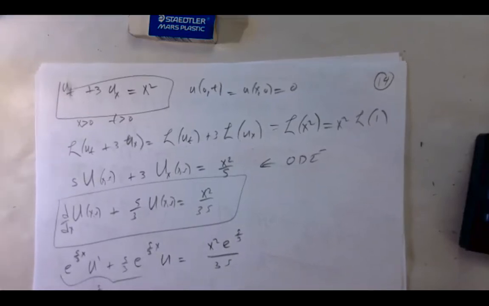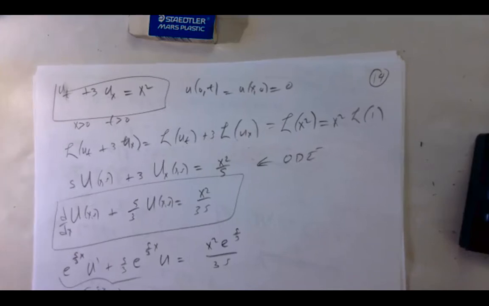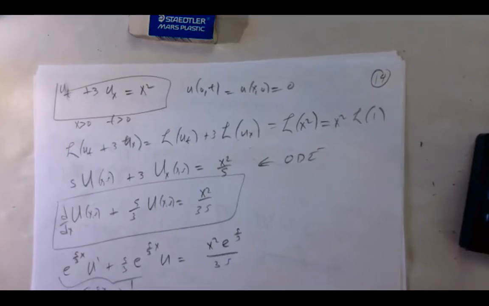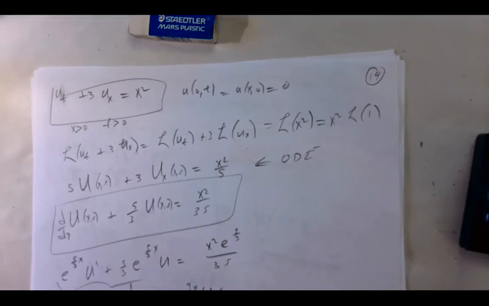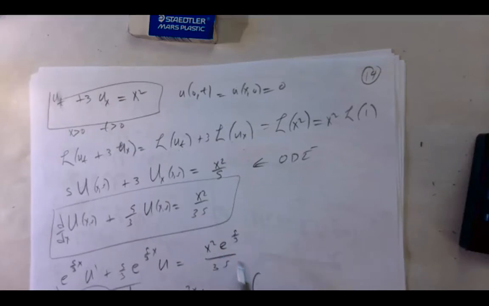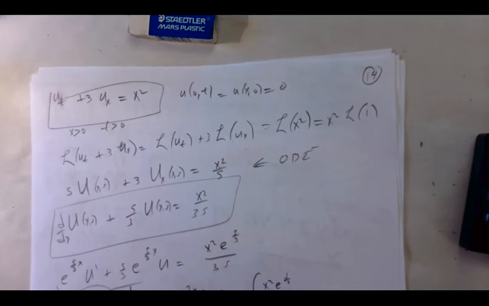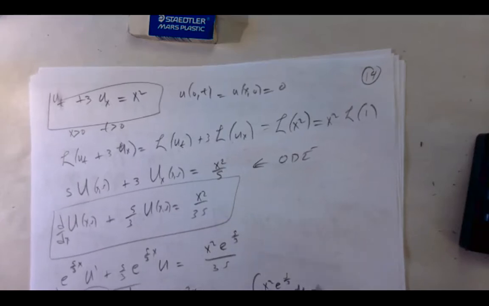This is e to the s over 3 x u prime equal to this. So that means e to the s over 3 x times u of x, s is the integral of x squared e to the s over 3 x over 3s dx, where s is a constant.